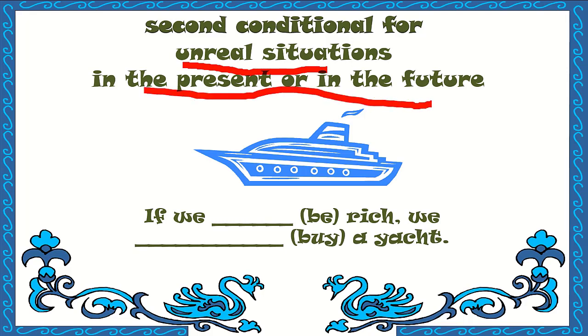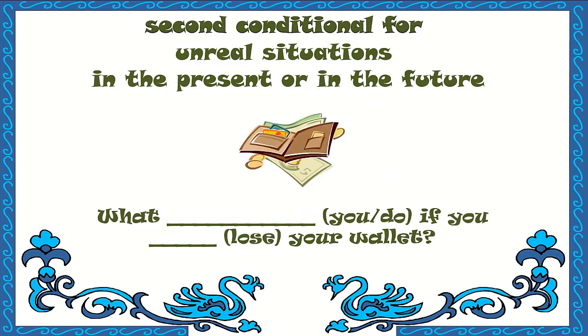So if we were rich, it must be because it's an unreal situation. So it's the second conditional. It must be if, then past simple, and then the second sentence has to be would. So if we were rich, we would buy.